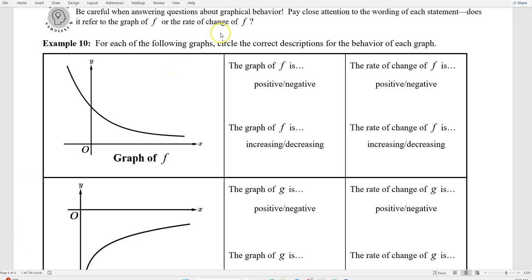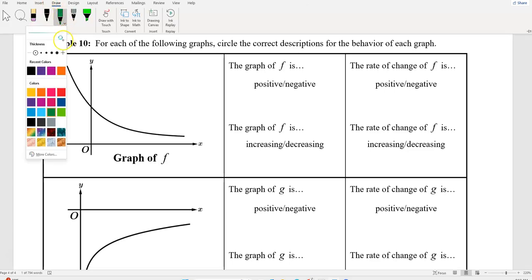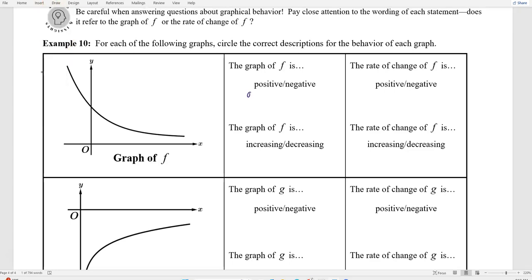The first part asks you about the graph of f being positive or negative and increasing or decreasing, and then it asks about the rate of change being positive or negative or increasing or decreasing. When we're talking about the graph of f being positive or negative, that is going to be above the x-axis or below the x-axis.